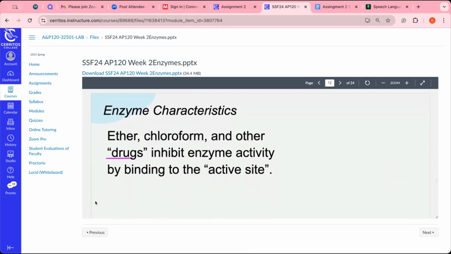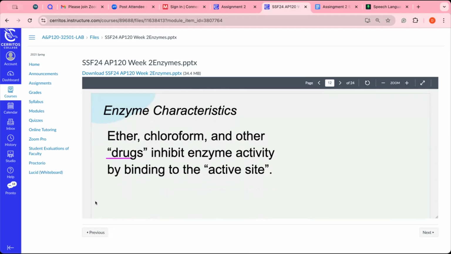Okay, so here's some examples. Ether, chloroform, and other drugs. We still use some of these in different forms, but ether and chloroform are used as general anesthetics. So ether, chloroform, and other drugs inhibit enzyme activity by binding to the active site.